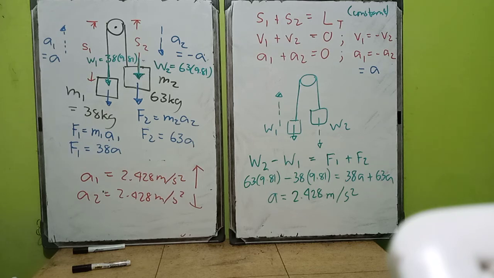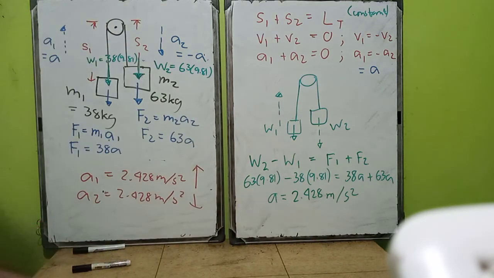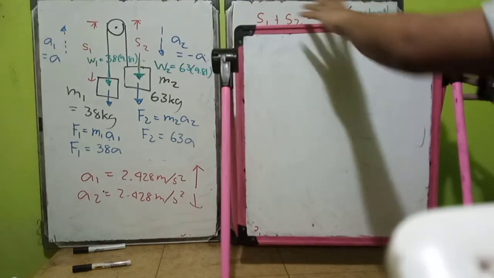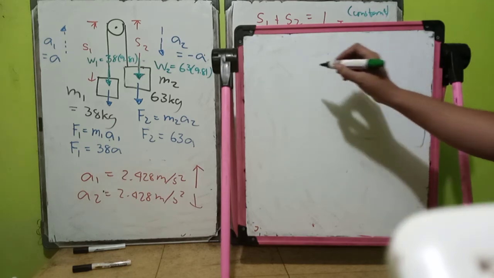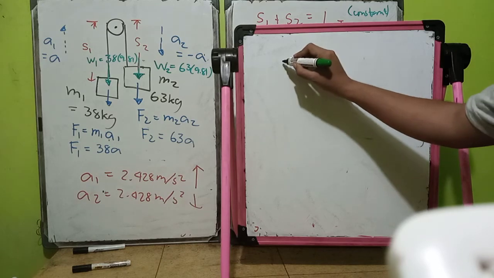So the shortcut formula for this one is just using this formula, which we can use other than the more comprehensive one. If there are only two bodies involved, you can use this formula.